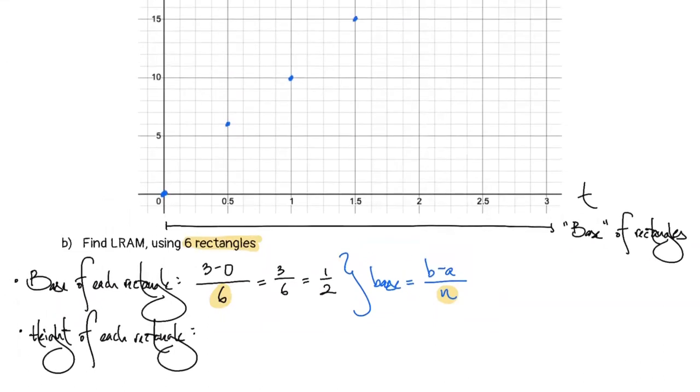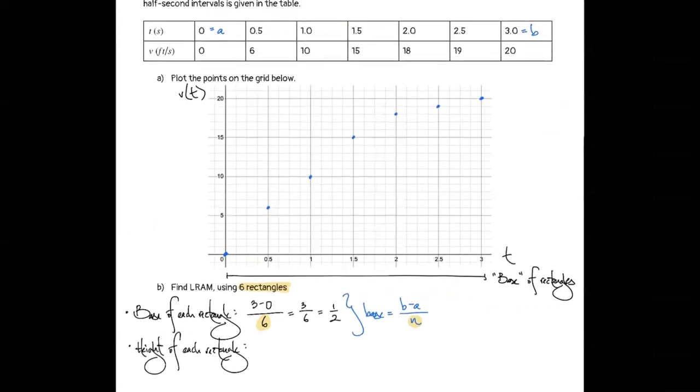If I were to use this table here, what is the height of the first rectangle if I use left approximation?